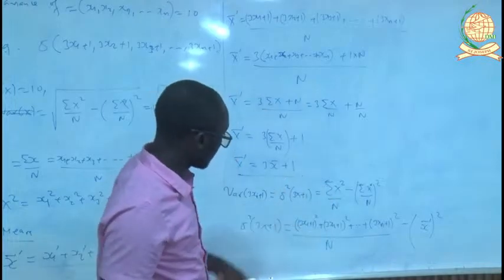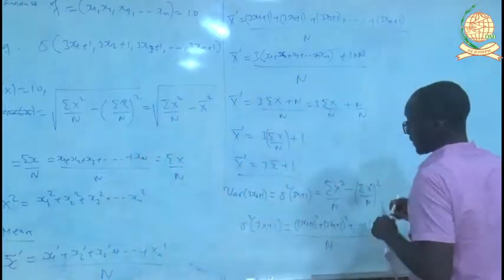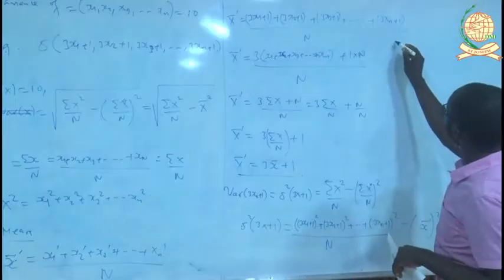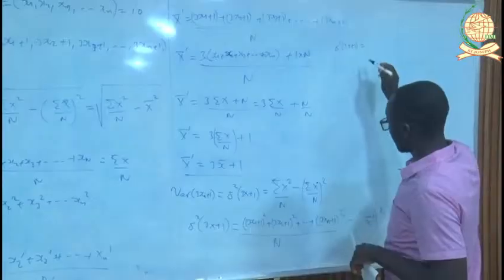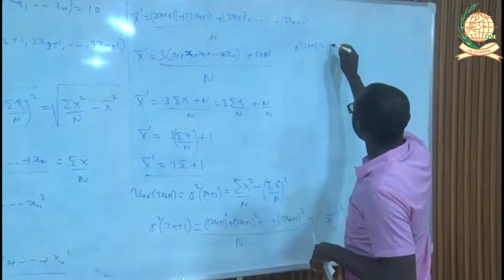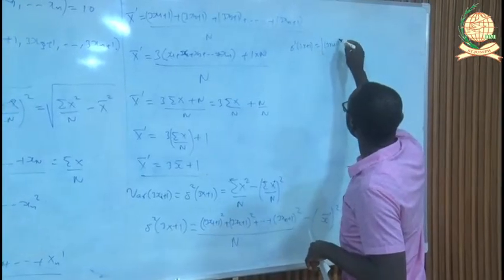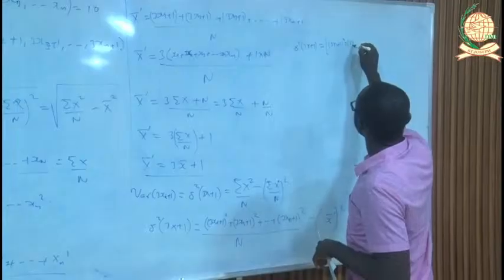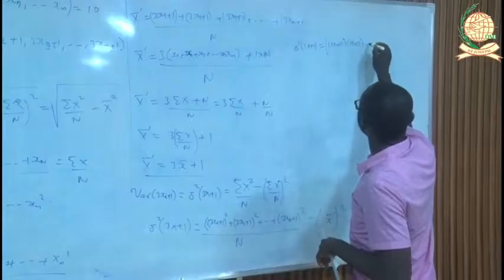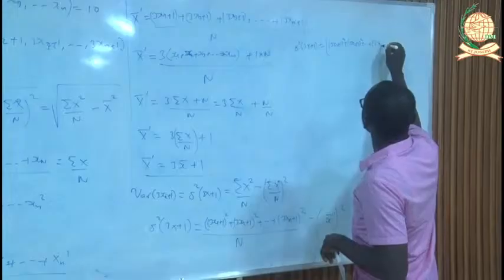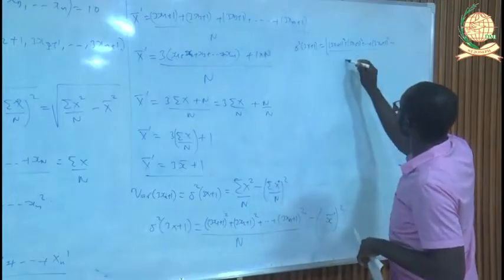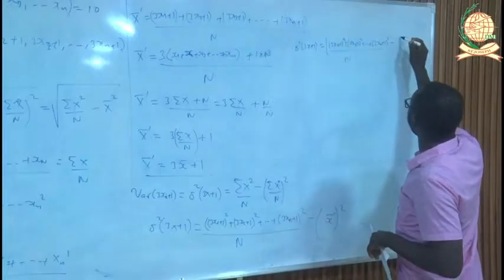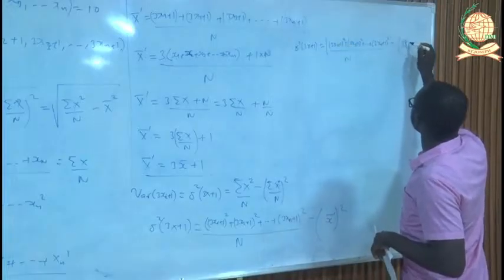So we are going to write here the variance, sigma square of 3x plus 1, is going to be 3x1 plus 1 squared, maybe 3x2 plus 1 squared. You can just end there and up to 3xn plus 1 squared. Then minus, this is out of n first, because this sum of x squared out of the new mean was 3x bar plus 1 squared.